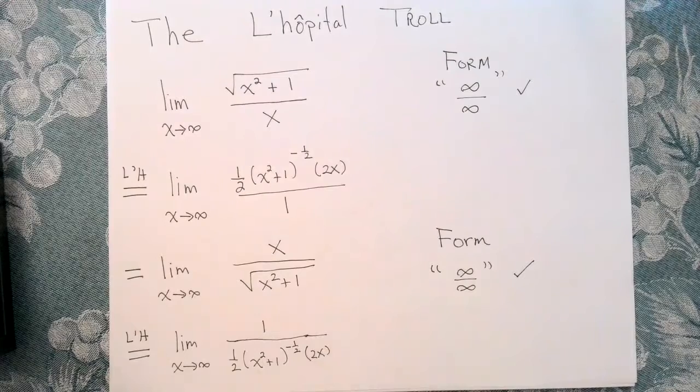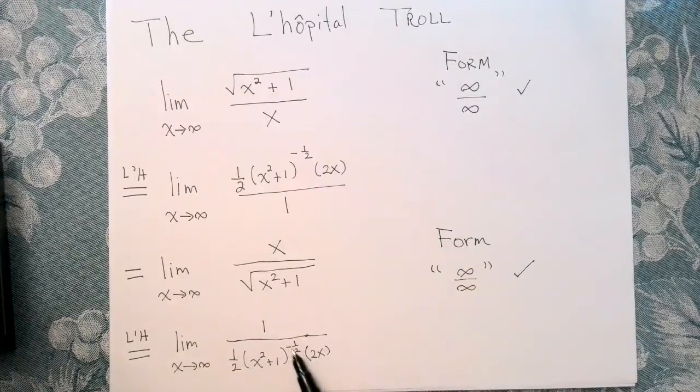Okay, so my next goal is to clean this up algebraically. And we're going to notice that the 2's are going to cancel. The x is going to stay put because it has a positive exponent. And this is going to get sent right here to the numerator as a square root.